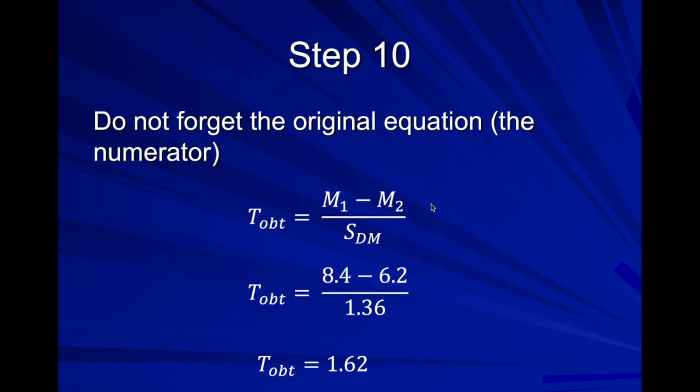You just put the averages here, 8.4 minus 6.2 divided by 1.36, and your T obtained is 1.62. So this is your T score.